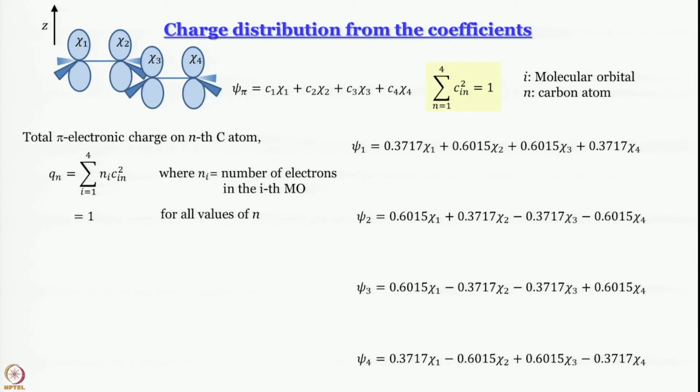So, what that tells us is that there is uniform distribution of pi electrons over the 4 carbon atoms, there is no polarization. That is the first thing that we had said from valence bond theory and from common sense, but this is something that we arrive at using the charge distribution calculated from the coefficients of atomic orbitals.